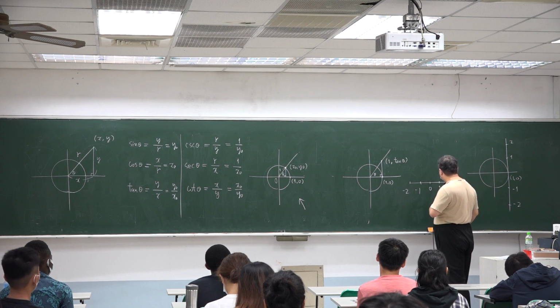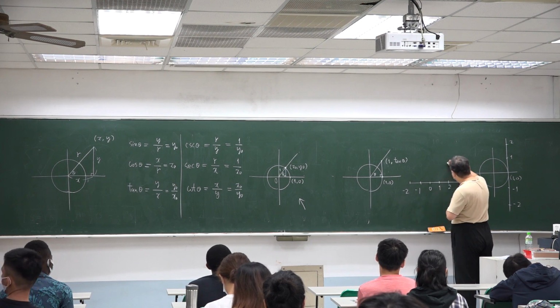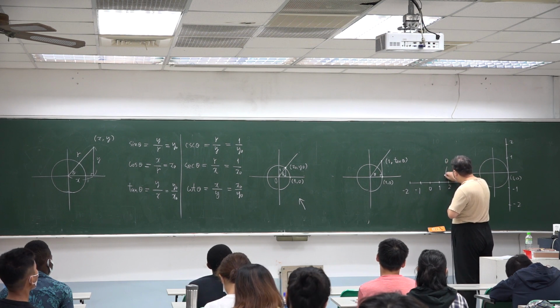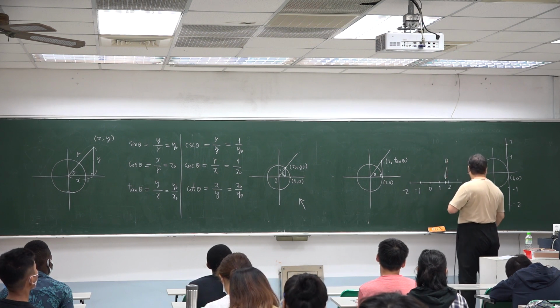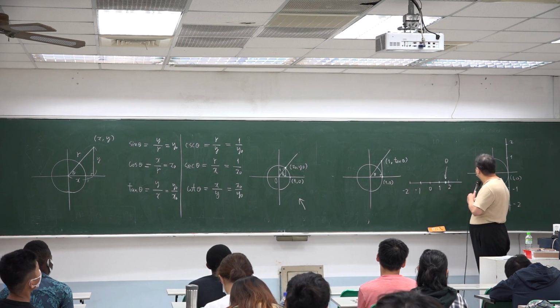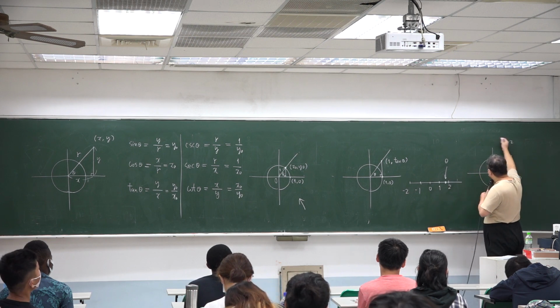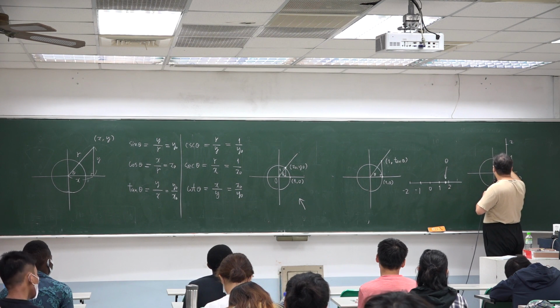For any given number, maybe here, as before, we bend this straight line around this circle. 1 maybe here, 2 maybe here.